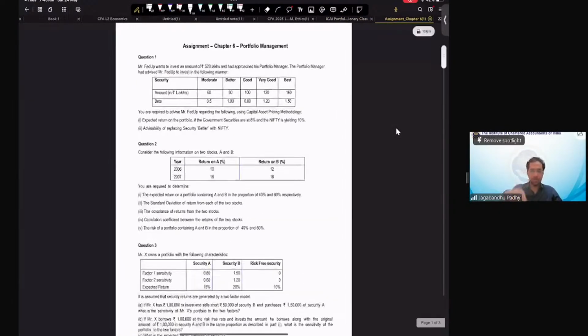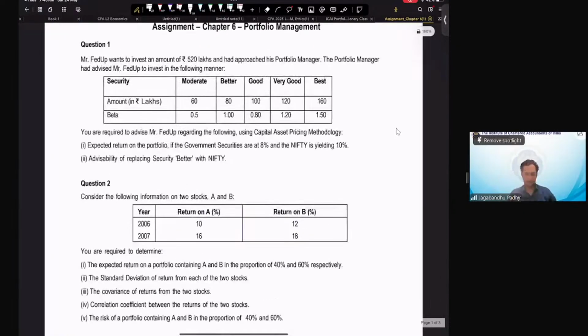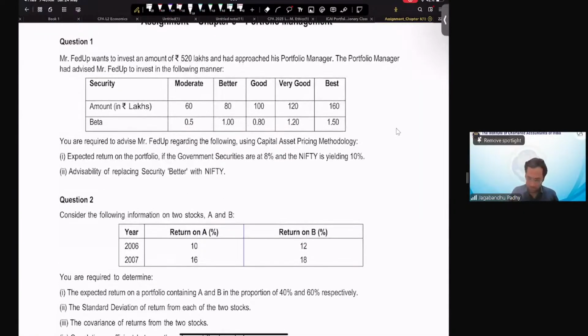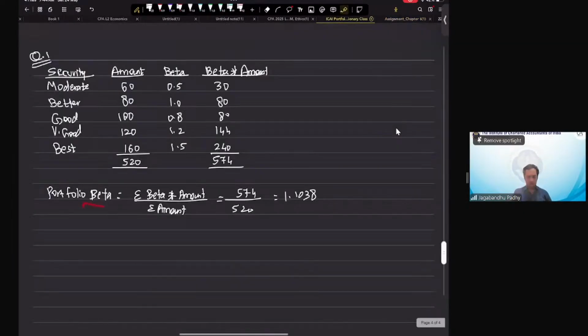Okay, it's working, guys. So here we have this portfolio beta as 1.1038.